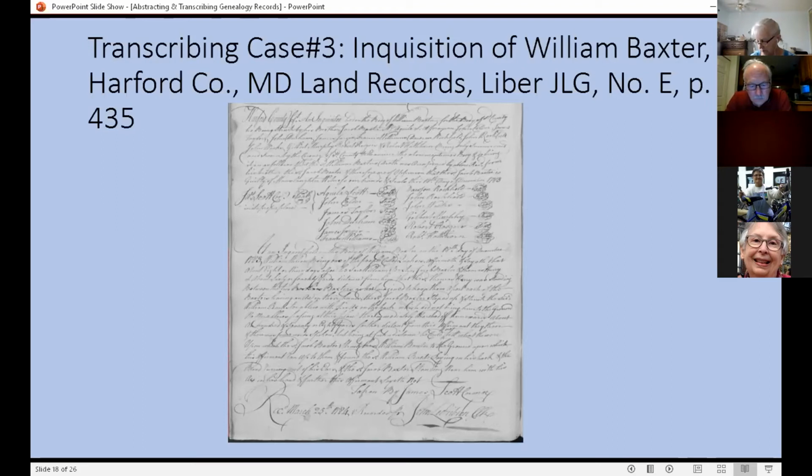So these are very minimal items written. Usually they're a page to a half a page to a page and a half. So you can really transcribe it rather than abstracting it, or abstract it if you wish.